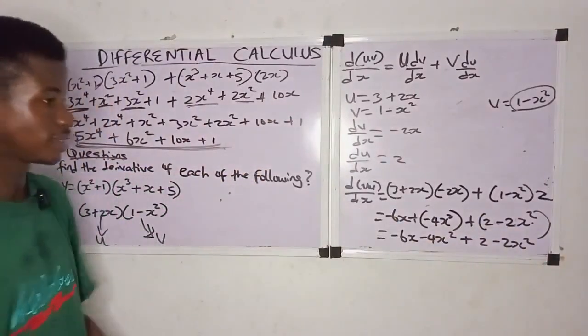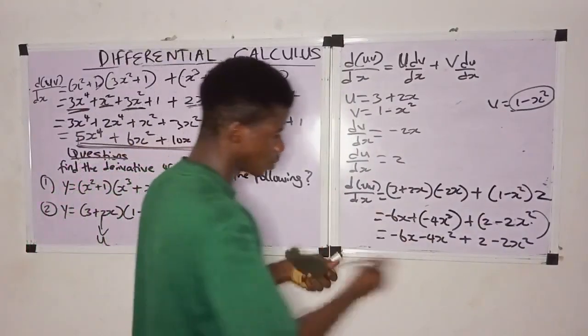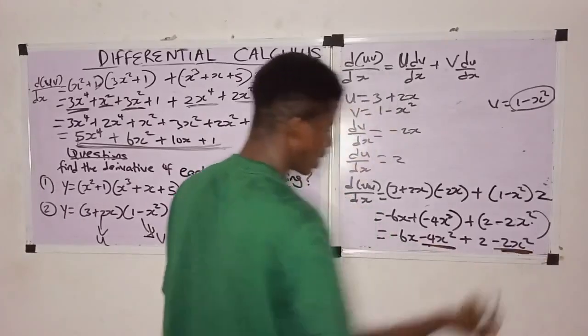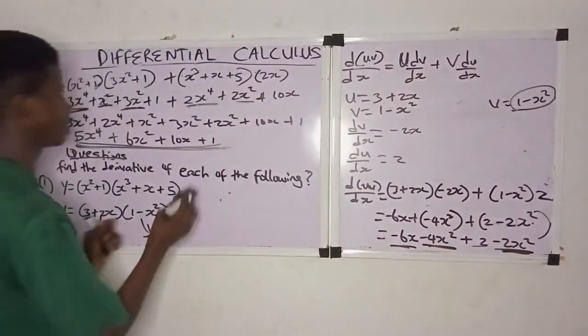What am I going to do next? We simplify everything. If you look at it, these two terms are common, right? We take them towards each other. This one stands alone.